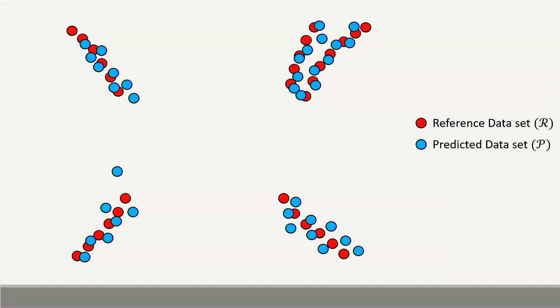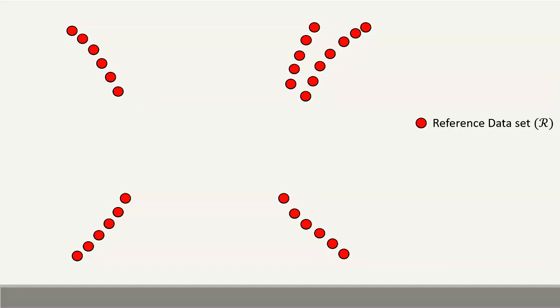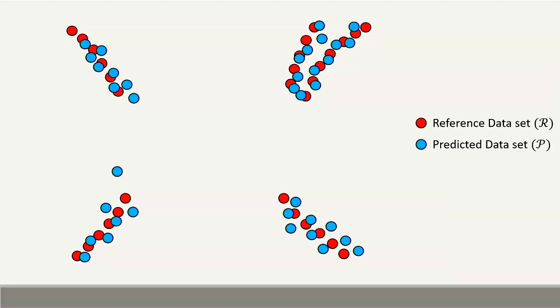So just assume that I have something like this in any dimension. I don't care. I have a set of points which are my reference points. In any dimension, I made a model based on them, and I did a prediction. So I have a new set of points in the same dimension on top of them.